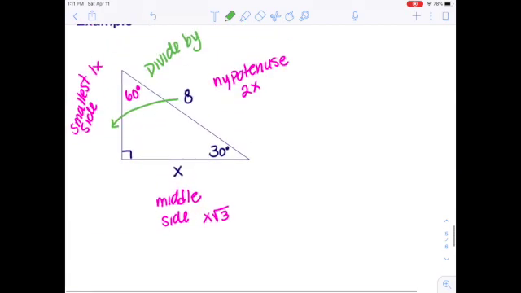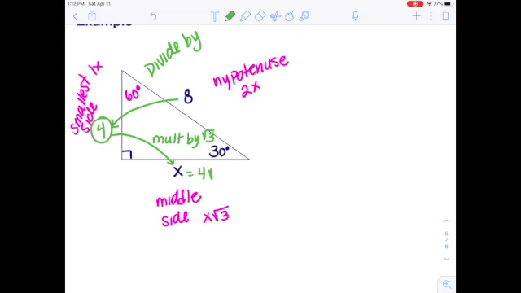So that'll give me a side length of 4. And then to go from our smallest side to get to our middle, we're going to multiply by square root of 3. So that would just be 4 root 3.